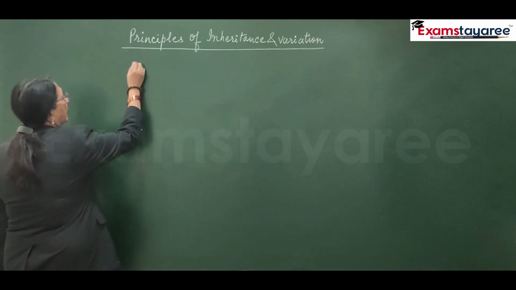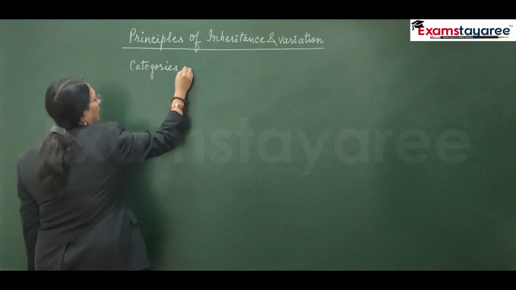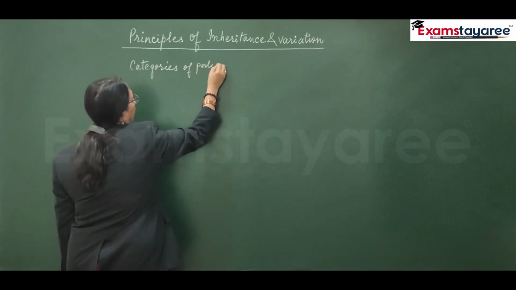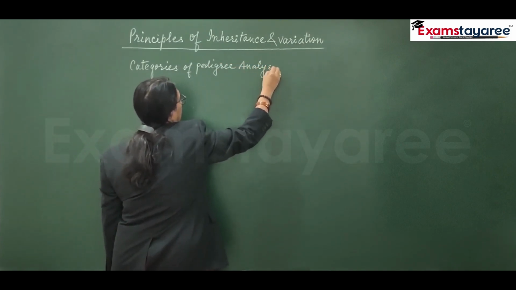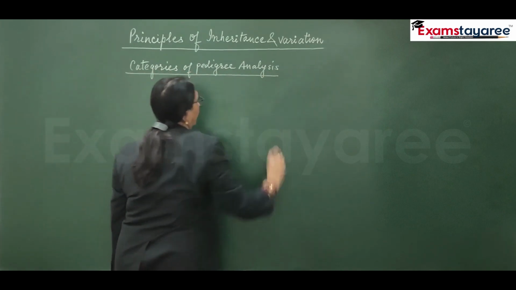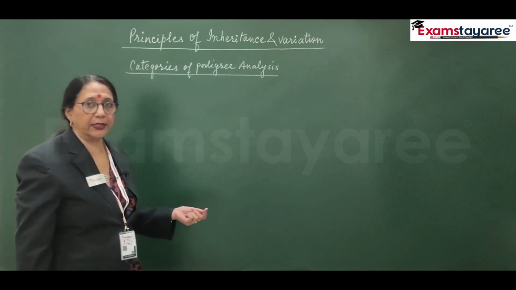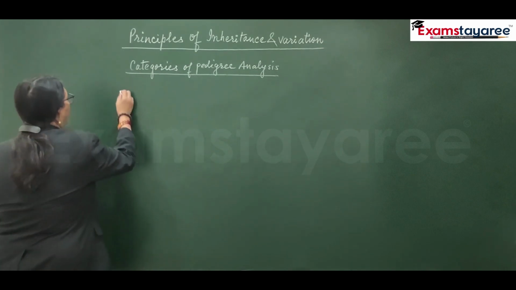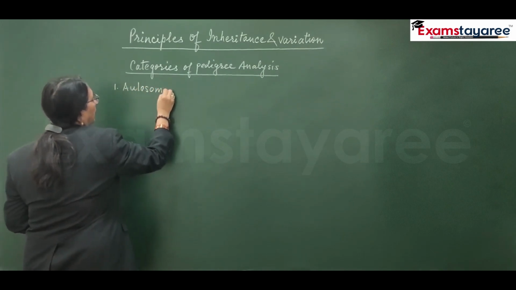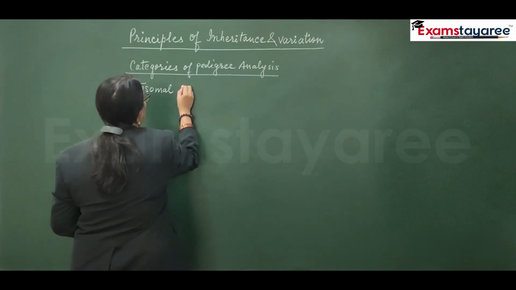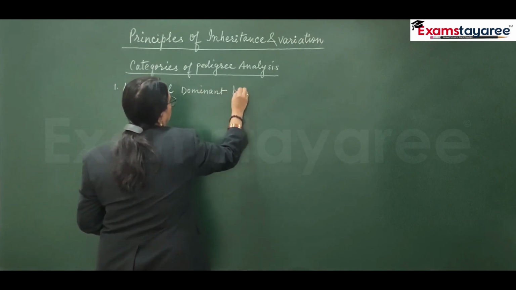Now let us see the categories of pedigree analysis. There are 5 types of traits which we will study. One is autosomal dominant trait.